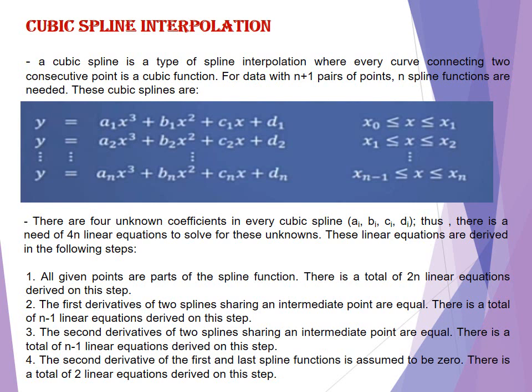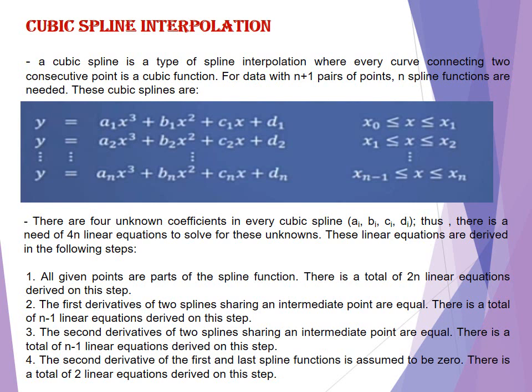For the second interval, x is greater than or equal to x sub 1 but less than or equal to x sub 2, y is equal to a sub 2 x cubed plus b sub 2 x squared plus c sub 2 x plus d sub 2, and so on and so forth. Y is equal to a sub n x cubed plus b sub n x squared plus c sub n x plus d sub n for the interval of x greater than or equal to x sub n minus 1 but less than or equal to x sub n.